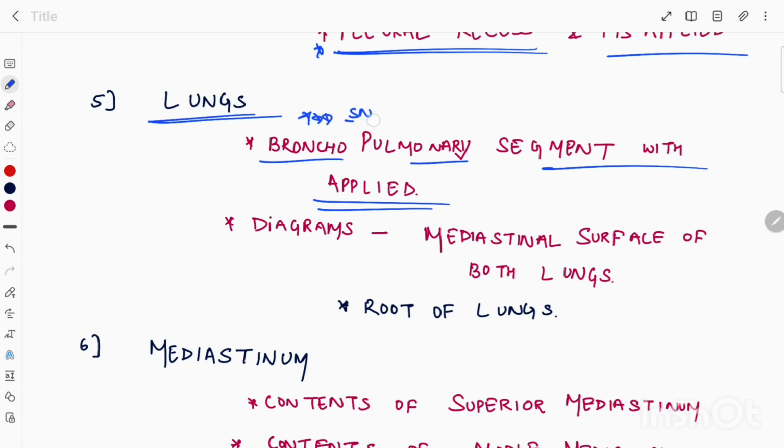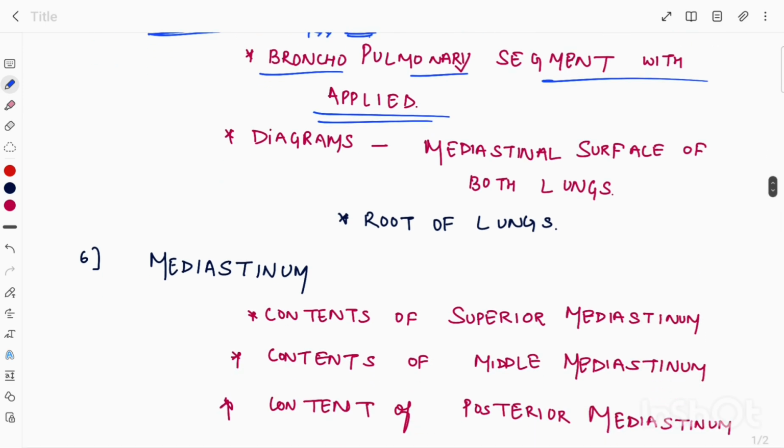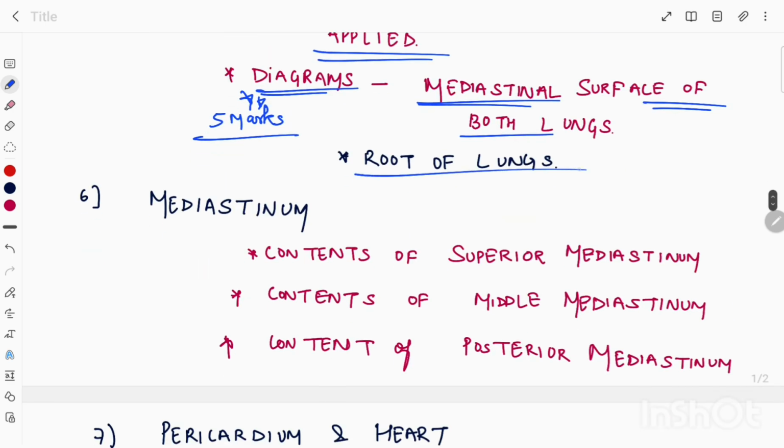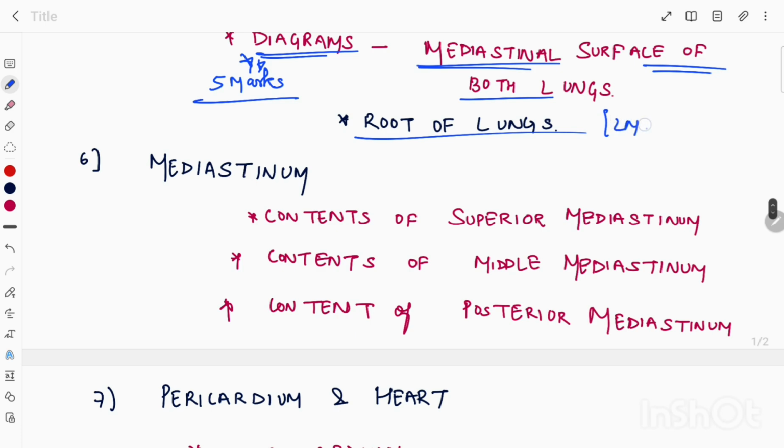A short note very easily can come, and you have to make a diagram of the bronchopulmonary segments. Then there are two diagrams given in BDC and all the books, that is the mediastinal surface of the right and left lung. Those diagrams are very important. A 5-mark question can very easily come to draw the diagrams. Okay. Then there is the root of the lungs. Sometimes you can get a 2-mark question on the root of the lungs.